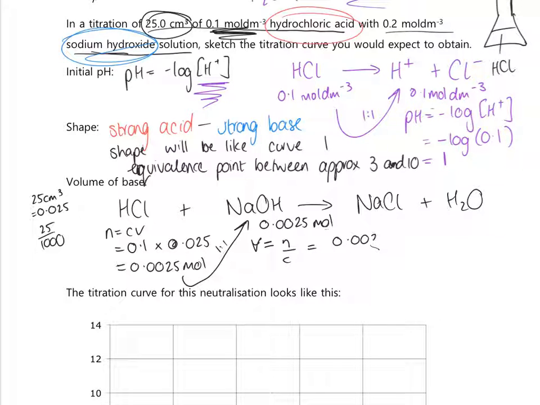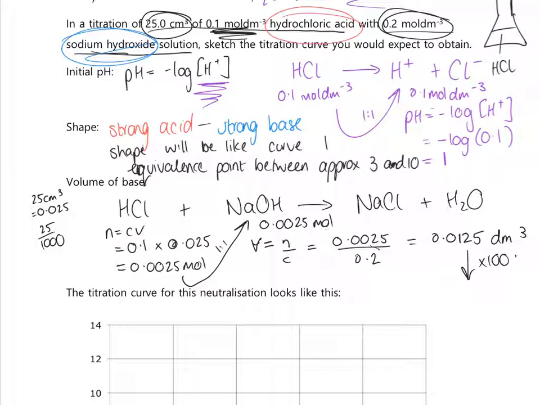So 0.0025 over your concentration, which, from the question, is 0.2 molar sodium hydroxide. And that gets you a volume of 0.0125 decimetres cubed.